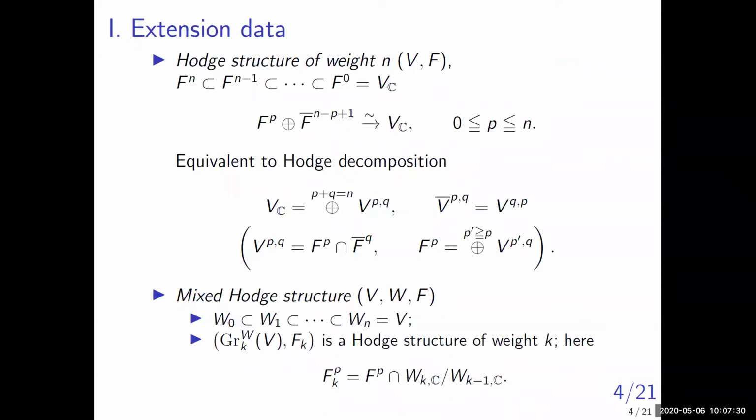So the condition relating the weight and Hodge filtration is that on the associated graded, the induced filtration from the Hodge filtration gives a Hodge structure. So the associated graded of the weight filtration have induced Hodge structures from the Hodge filtration.